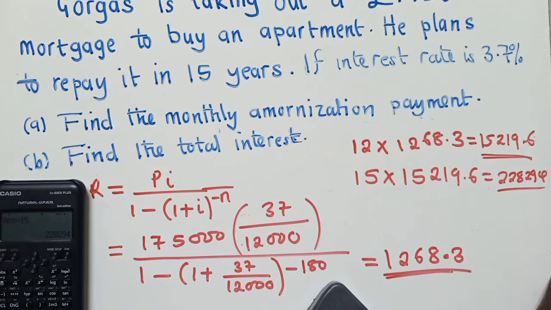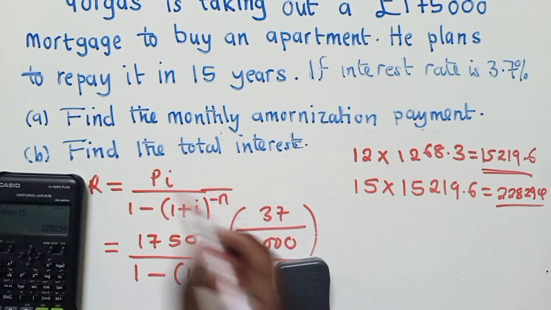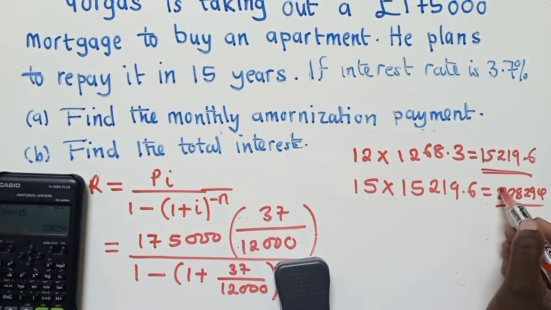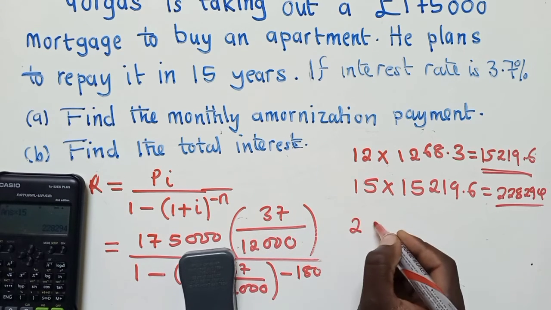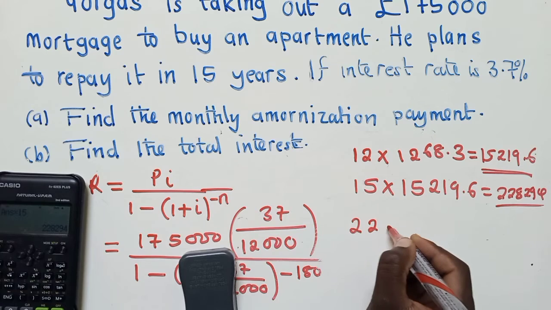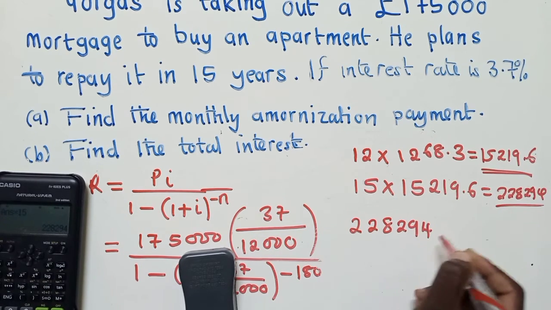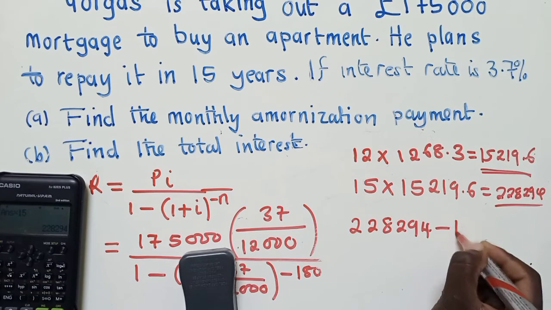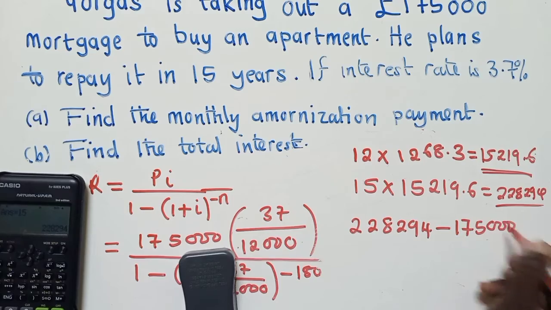Now, remember we're working on question B. After finding this, you just say 228,294 pounds minus what he borrowed, the principal, which is this amount.